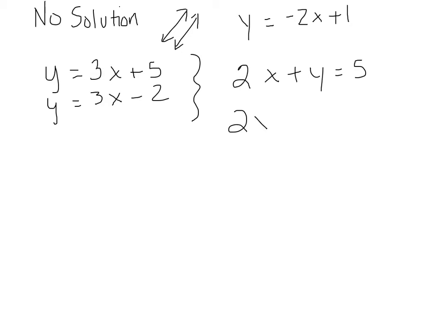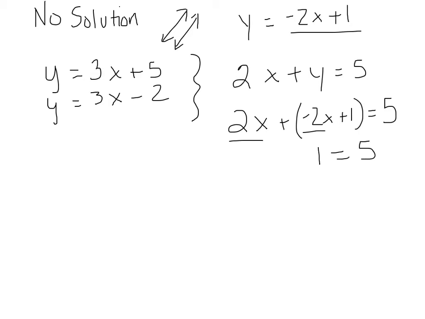When I substitute in the value of y, you can see these two x terms are going to cancel each other out, and I end up with 1 equals 5. So when this happens in the middle of my substitution solution for linear equations, this tells me already that there's no solution because I've already come to a place where there's a false answer.